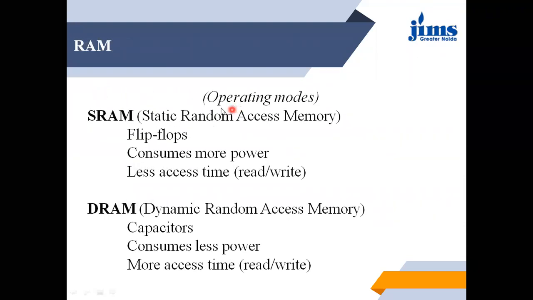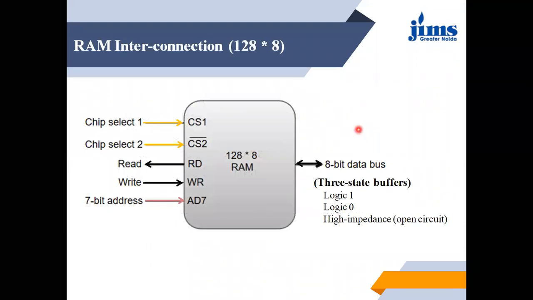So on the operating modes, we can divide these into SRAM and DRAM. SRAM uses flip-flops to store the data, and DRAM uses capacitors to store the data. This is the interconnection of the RAM.